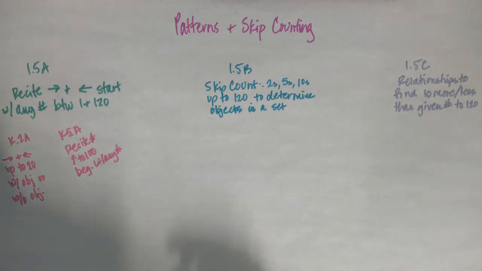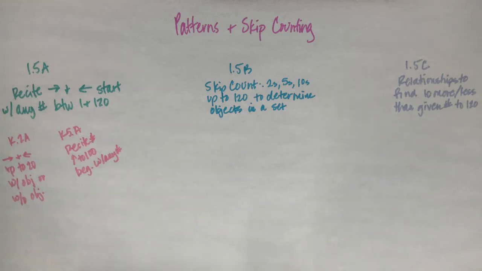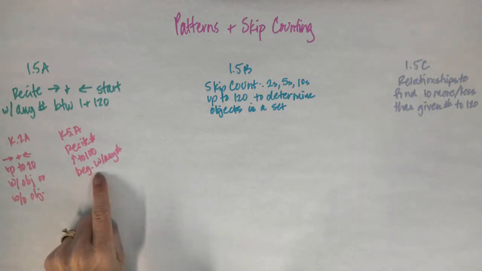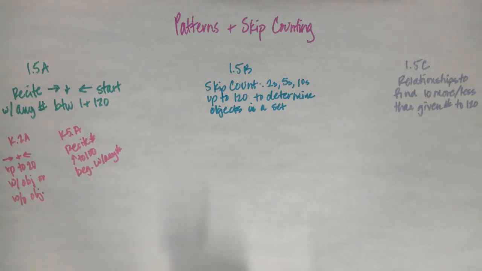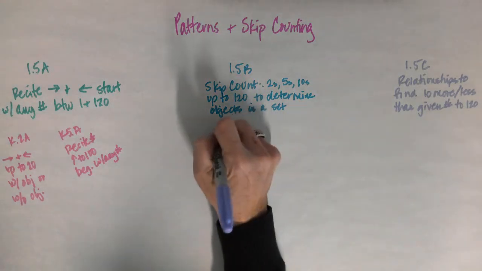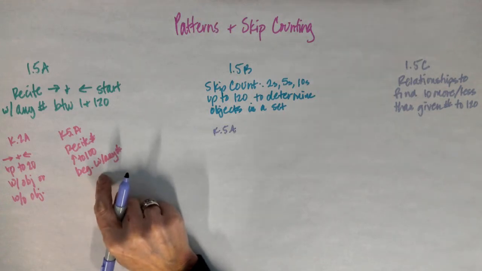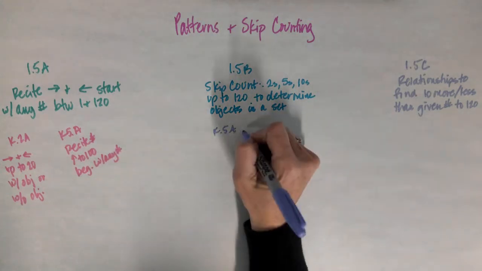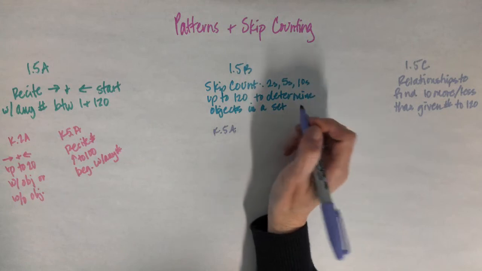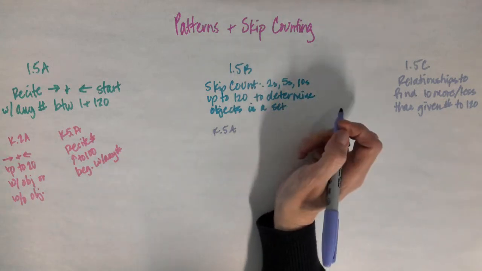Then we are going to move to our skip counting TEK. Now, in kindergarten, your K5a that was here, students also used that standard to learn to recite their numbers by 1s and 10s. So that K5a, once they were fine here by 1s, did bring in counting by 10s, still up to 100 and still forward counting.